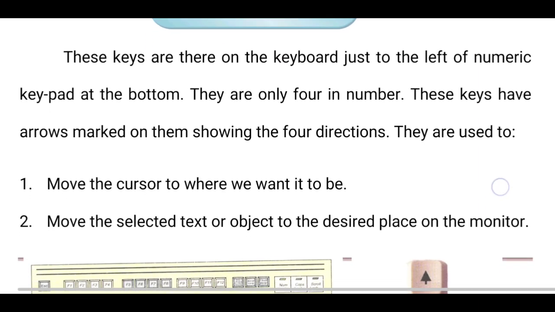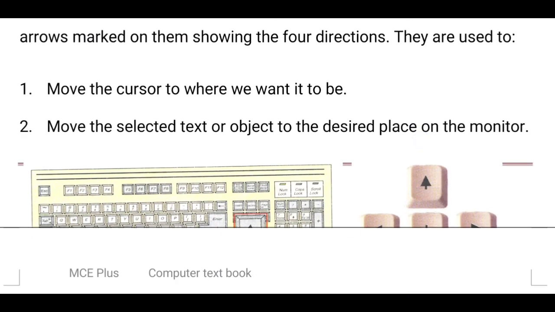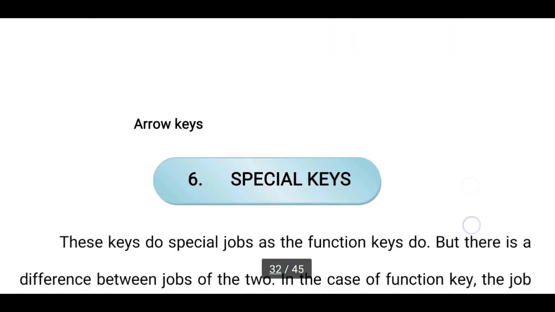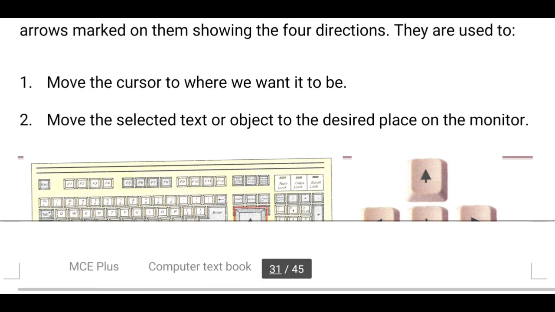They are used to, first, move the cursor to where we want it to be. Second, move the selected text or object to the desired place on the monitor. Third one is down. The fourth one is left arrow.